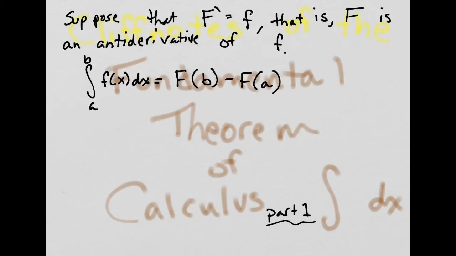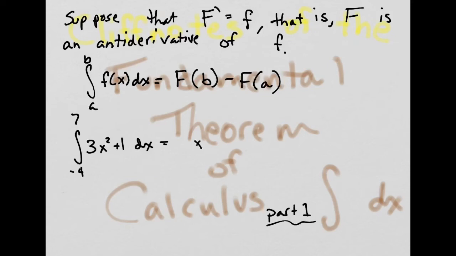But let's just see this in practicality. So if we're going from -4 to 7 of, let's just do 3x squared plus 1 dx, then we just need to find an antiderivative of 3x squared plus 1. So for a definite integral, you don't have to worry about a c, because you just need one antiderivative, so you might as well let the c be 0.